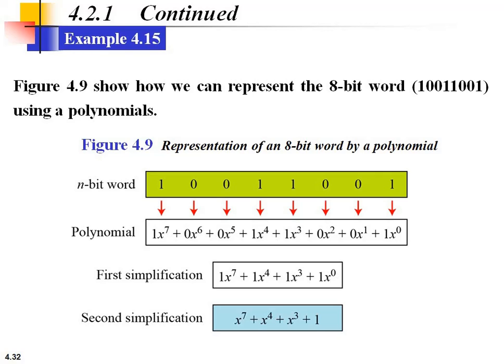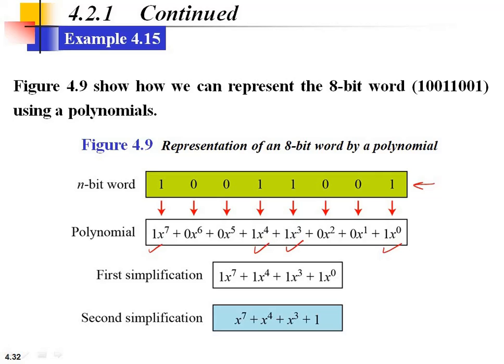Now how can we represent an 8-bit word using this polynomial? The representation is very easy. Suppose we have an 8-bit word like this, 1 0 0 1 1 0 0 1. Corresponding to the positions where we have the bit value 1, we will set the coefficient as 1. In this case the coefficient is 1 here, here, here, and here.